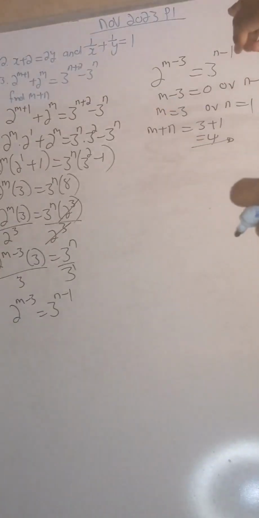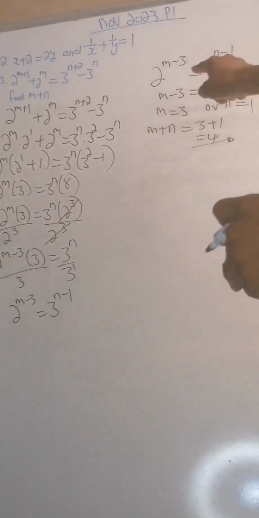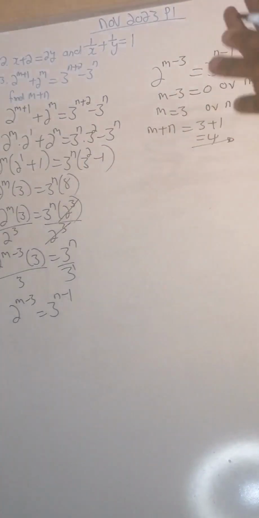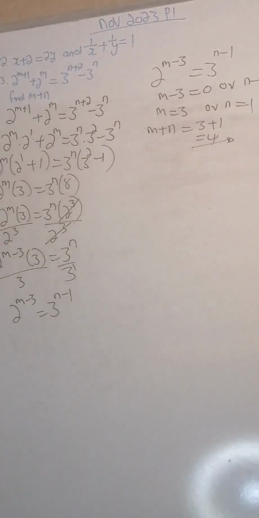So this is one possibility of looking at this if I equate the exponents, because this base carries an m, this base carries an n, and there's nothing I can further do. You have seen as we have tried, there's no way out. So all we need to do, since we are working with an equation, is to say m minus 3 equals 0 or n minus 1 equals 0.